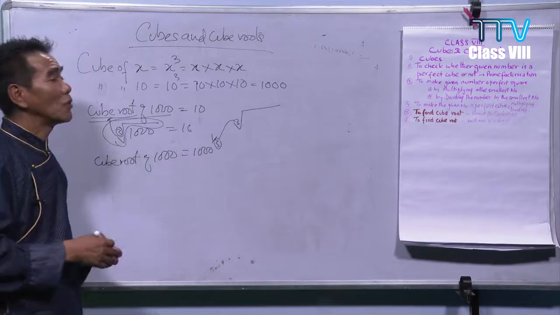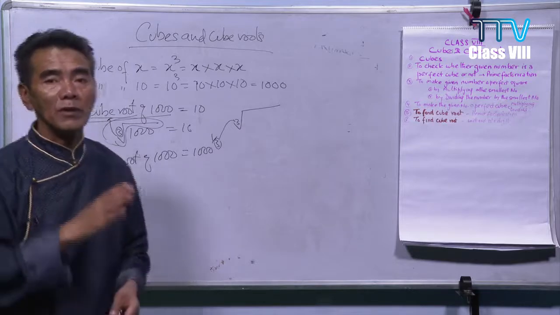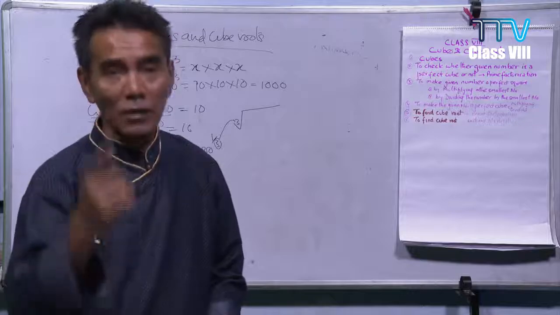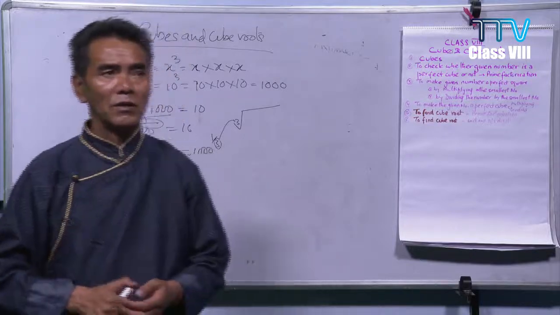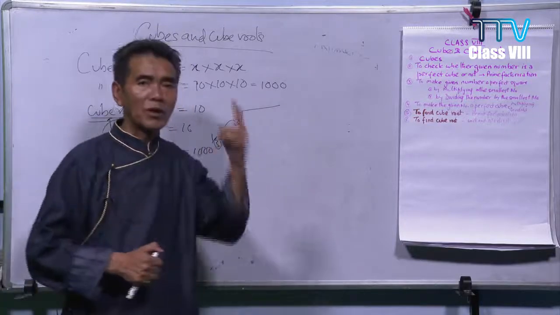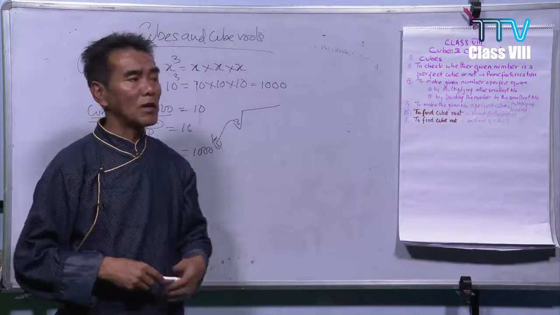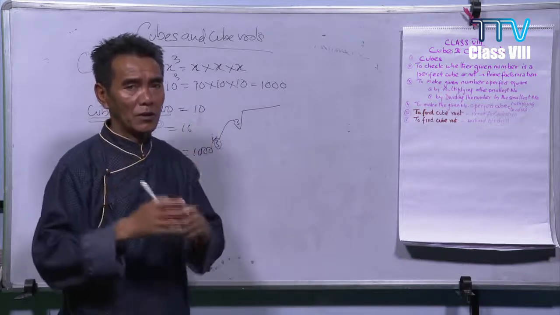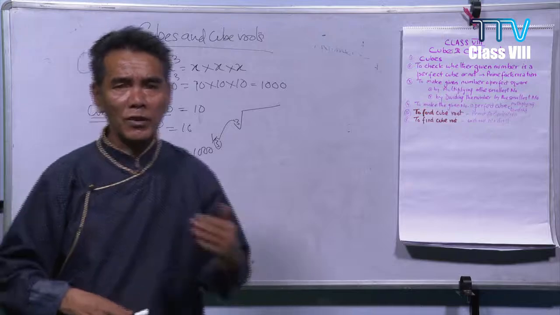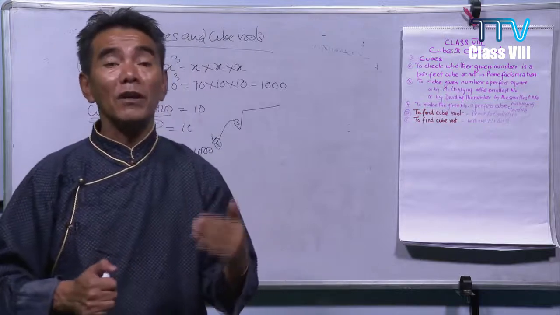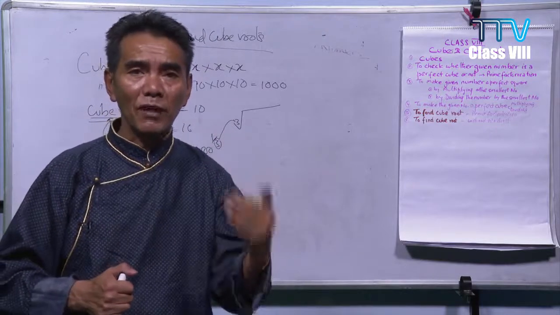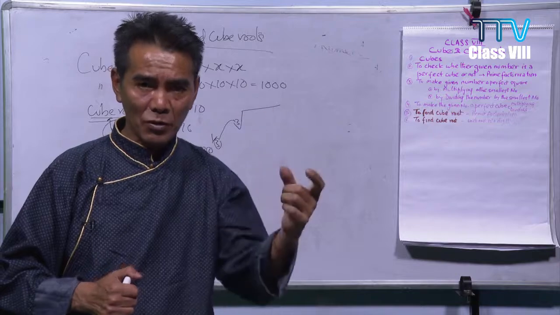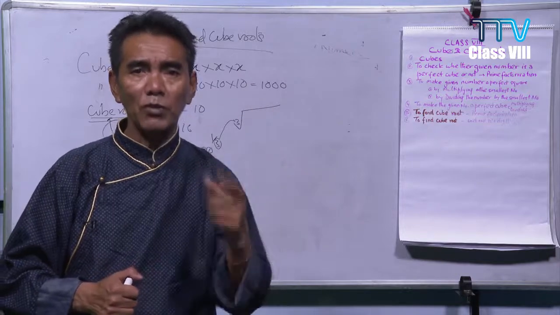Okay. The cube of a number is the product of the number multiplied by itself, multiplied by the number itself. For example, the cube of 5 is 5 multiplied by 5 multiplied by 5. The product is 125. And 125 is the cube of 5.